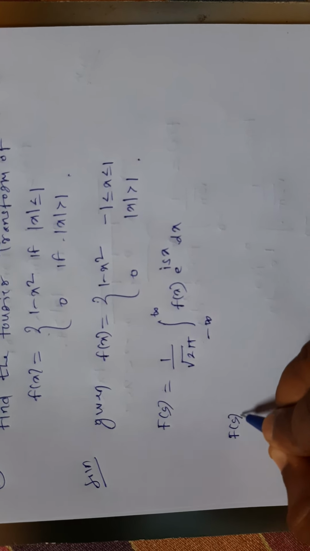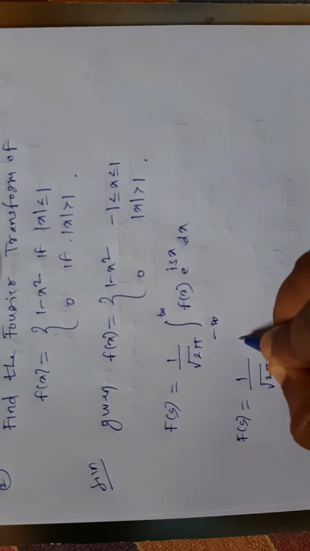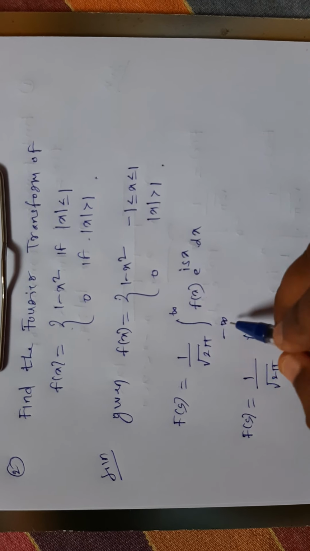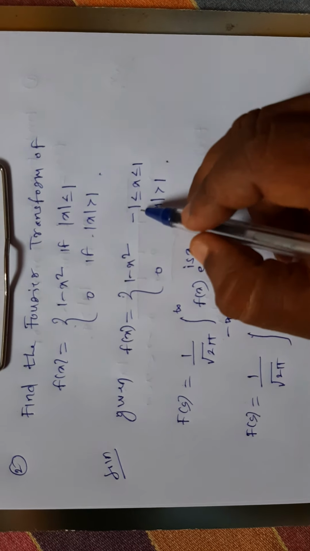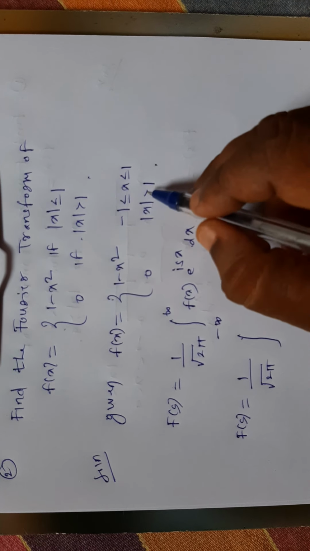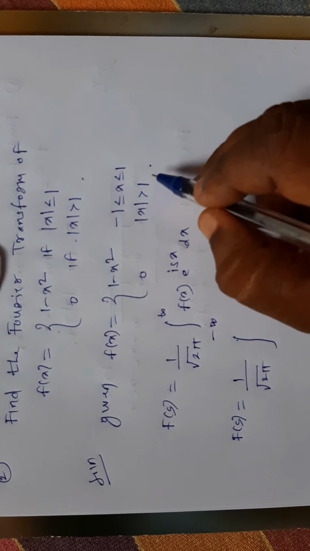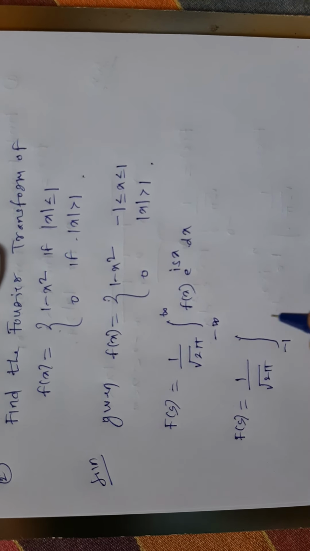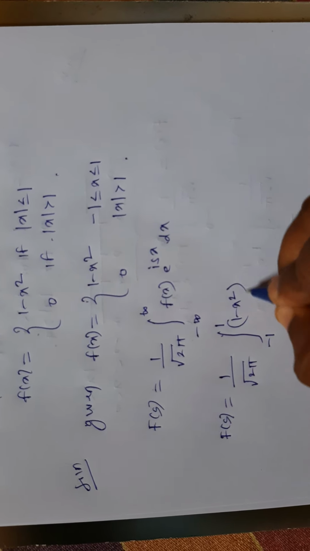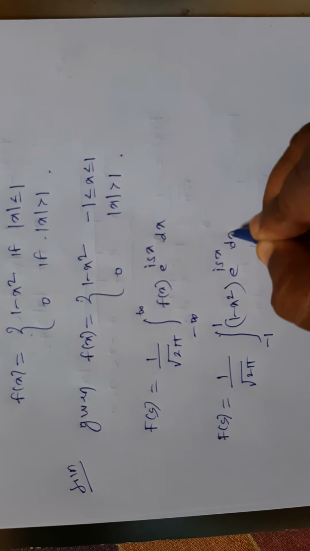So F(s) I will write as it is, 1 upon square root of 2 pi. I will split this limit, and between minus 1 and plus 1 the function is 1 minus x square, and out of that range the value of function is 0, that is mod of x greater than 1. So here I will write minus 1 to plus 1 of (1 minus x square) e^(isx) dx.